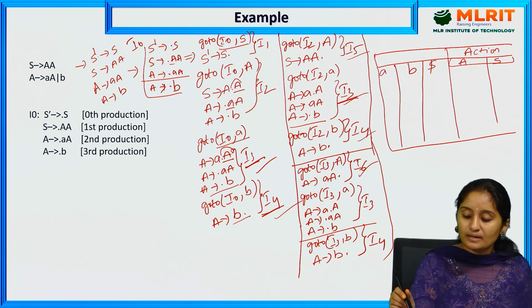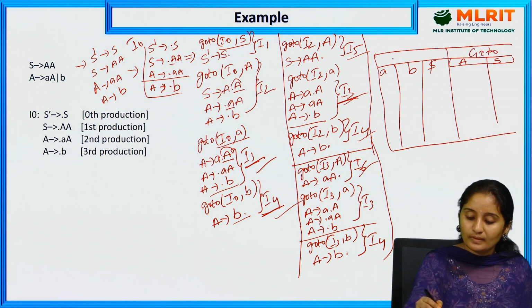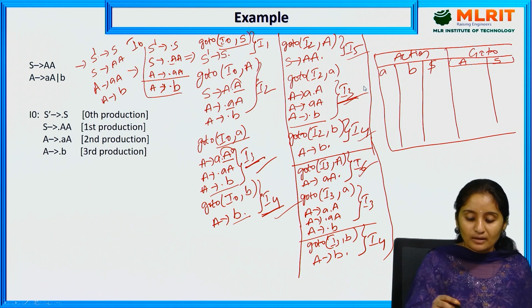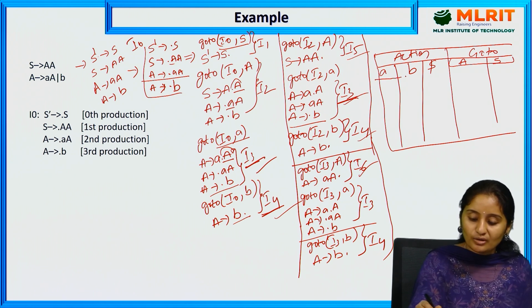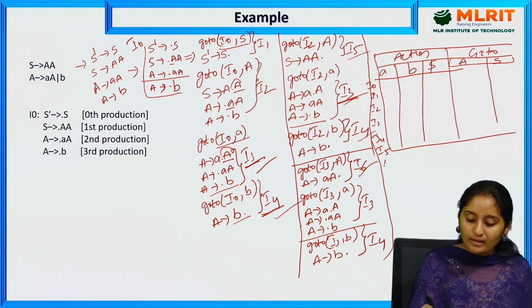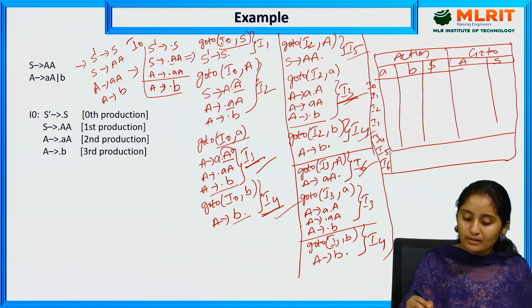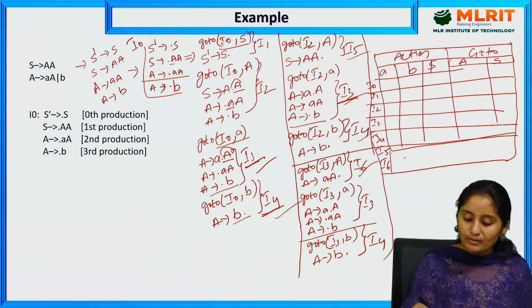Sorry, this is go to and this is action. How many states do we have? 6 states, so just mention them outside: I0, I1, I2, I3, I4, I5 and I6.